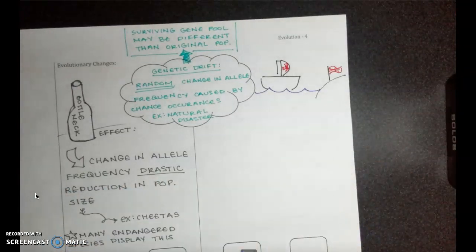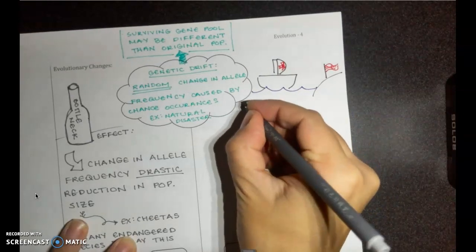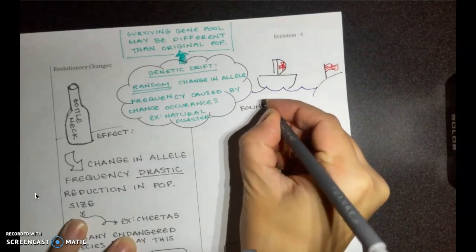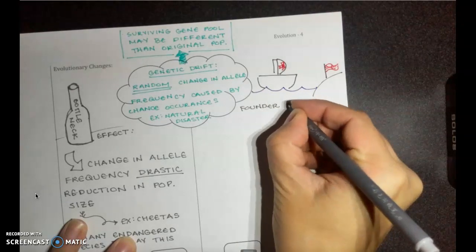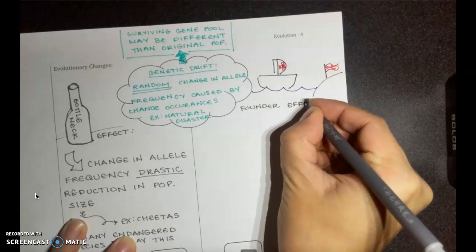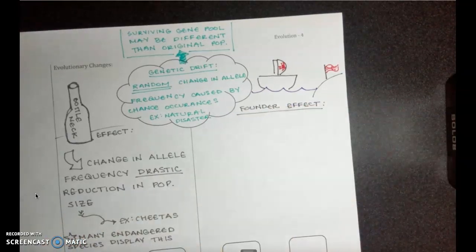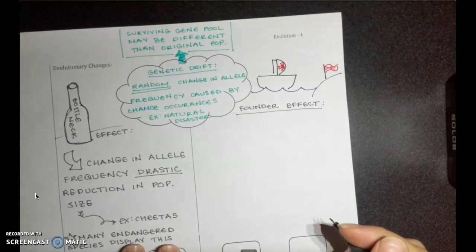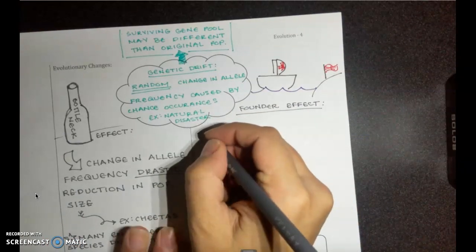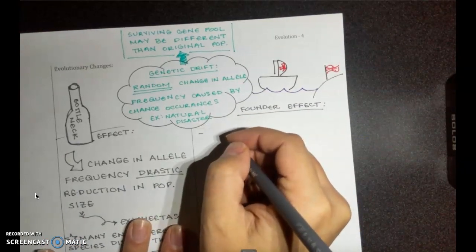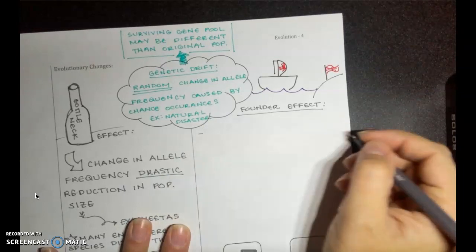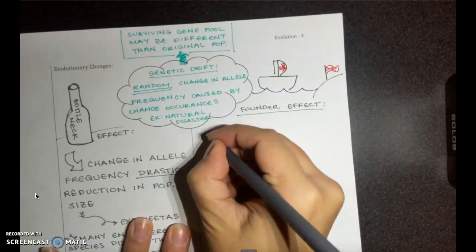So we will be taking a look then at founder effect. Now, in this case, genetic drift may occur when few individuals colonize a new habitat.